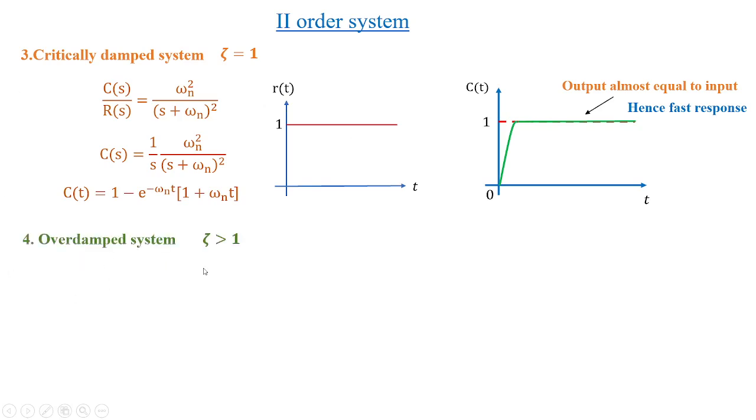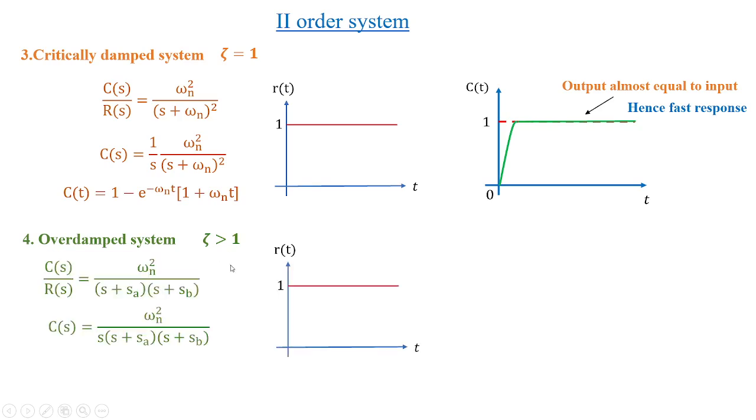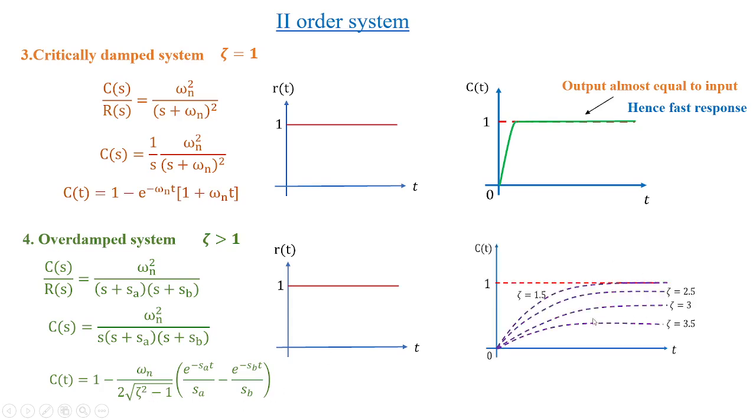Now for the overdamped system, as we have seen in today's class, we got the equation C of t which is a mixture of 1 minus a fraction of these values. When you apply the waveform conditions, we have seen that the output waveform is completely drooping in nature. As zeta goes on increasing, it reaches the x-axis, and the response is also very slow.